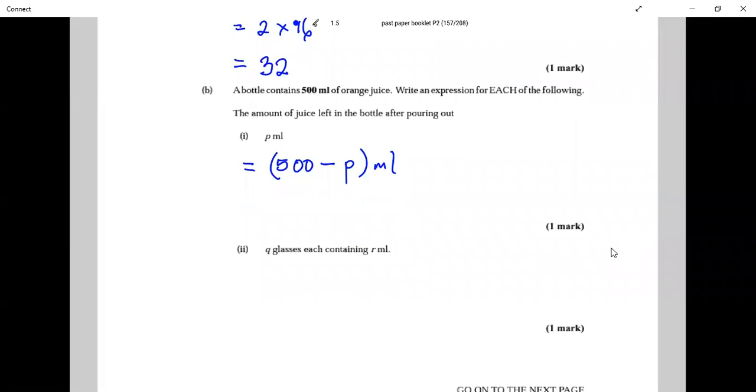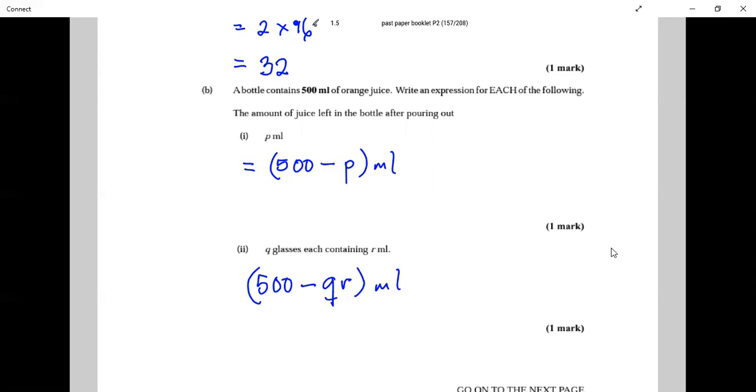Well, if one contains R, Q would contain Q times R. And since you pour out that amount, the answer is going to be 500 minus QR milliliters.